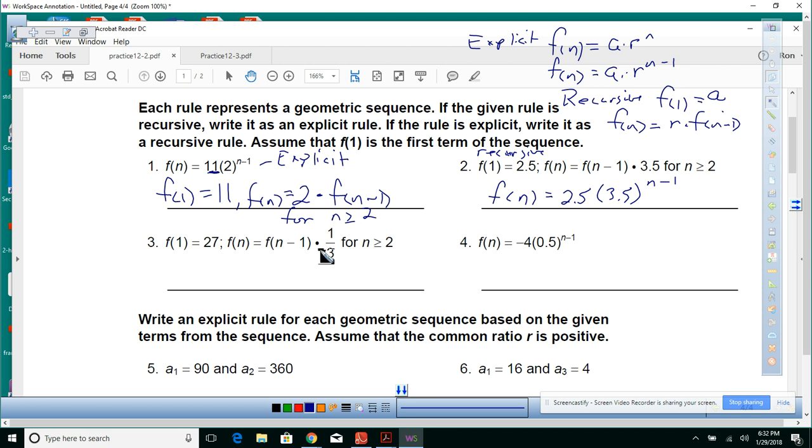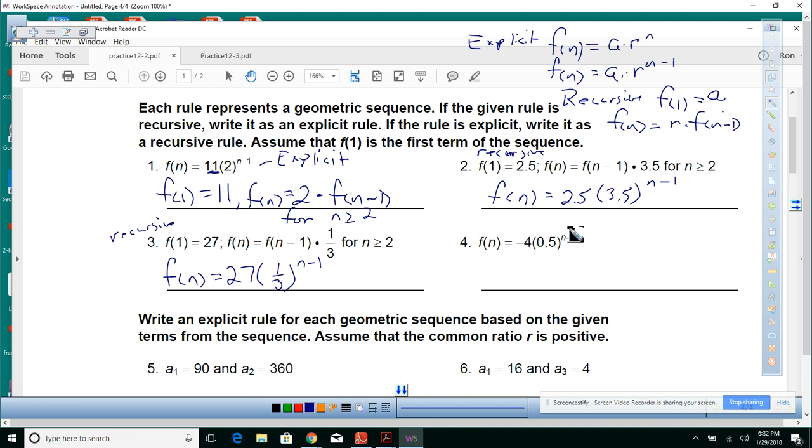All right, now let's take a look at number 3. What form is that in? It is in recursive, so we need to write an explicit rule. F of n equals, a would be 27, r would be 1/3, and that's n minus 1.